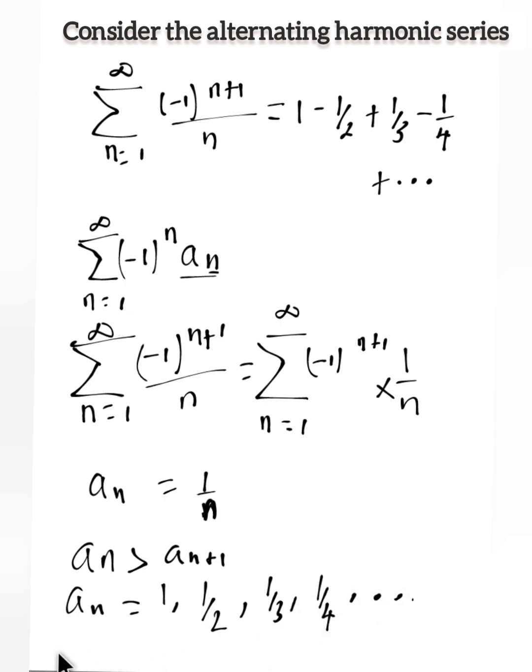Now, 1 is greater than 1 over 2, is greater than 1 over 3, is greater than 1 over 4. Hence, it can be said that an is greater than an plus 1. So the first condition for an alternating series is satisfied.